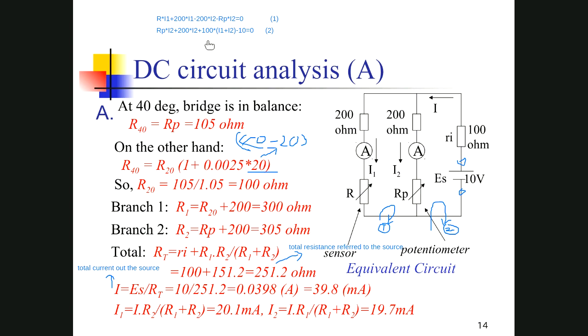So combine these two equations together, and you can obtain similar results as I show here. You get I1 and I2. Please do it as an exercise, to see whether you can correctly solve the two equations and get the correct solutions.